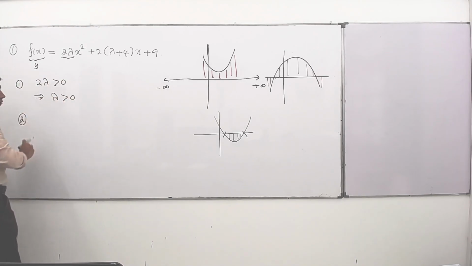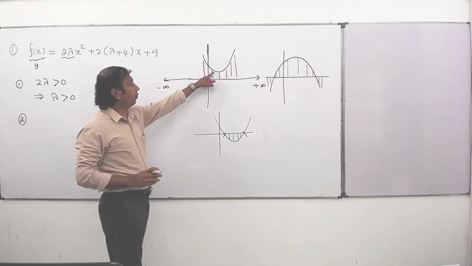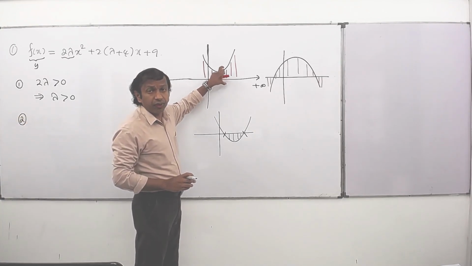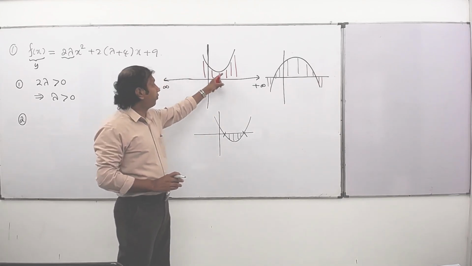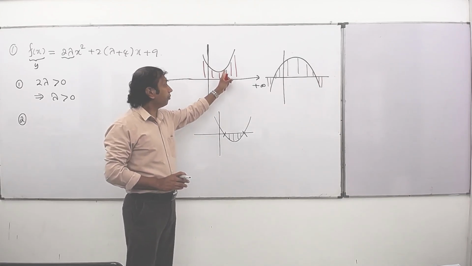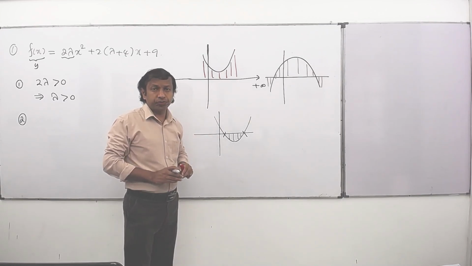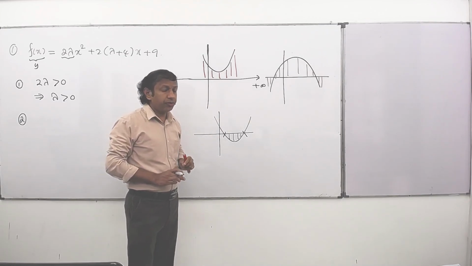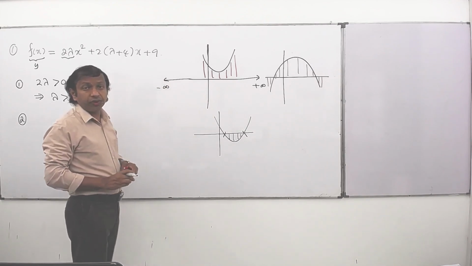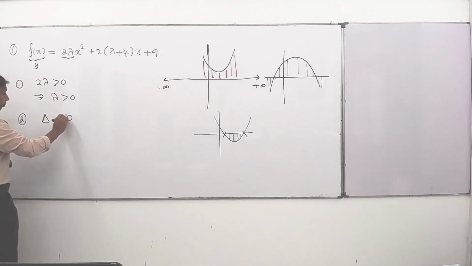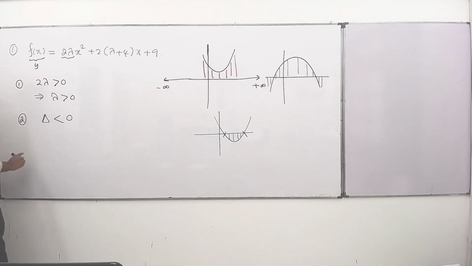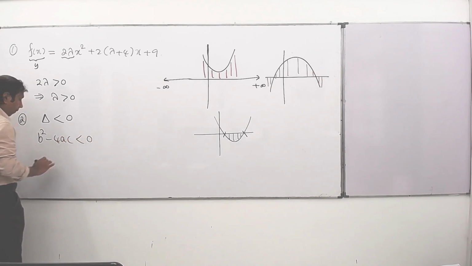Second condition: the graph should be like this without cutting the x-axis. That means the discriminant should have no real roots, that is, imaginary roots. It means delta is negative. Delta means b squared minus 4ac is less than 0.